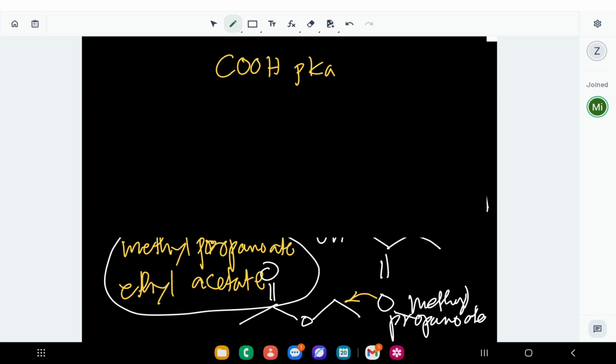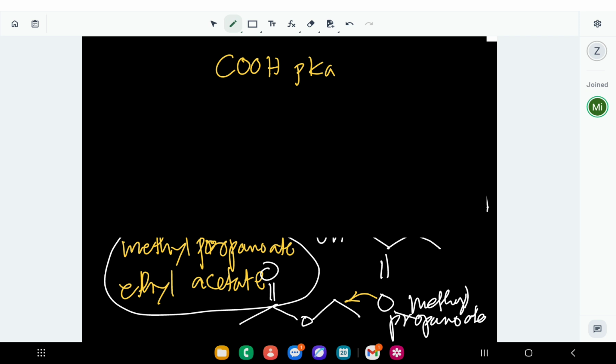So you need to identify which ones are alpha and beta amino acids. Alpha amino acids have a lower COOH pKa.